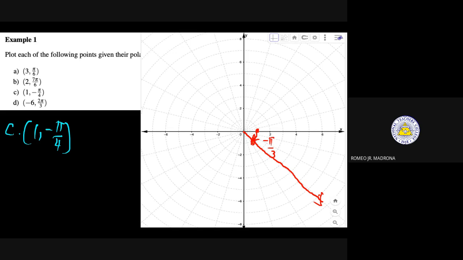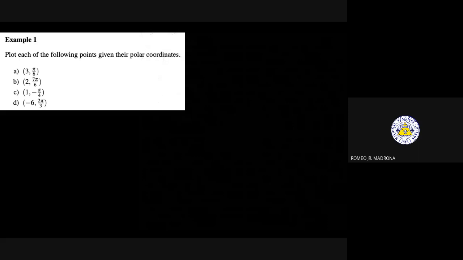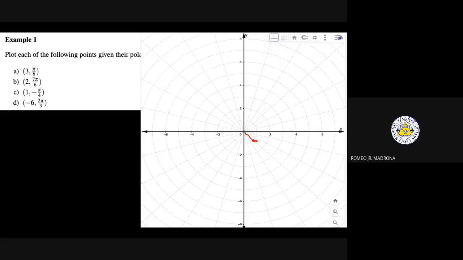Ito yung point natin. Okay? So, kung tutuusin class, ang point natin ay nasa, saan ba yun? Dito. Nandito lang. Tapos, ito yung radius natin. Ayan. Ayan yung modulus natin. Okay? Understood, guys? Yeah, negative 45.